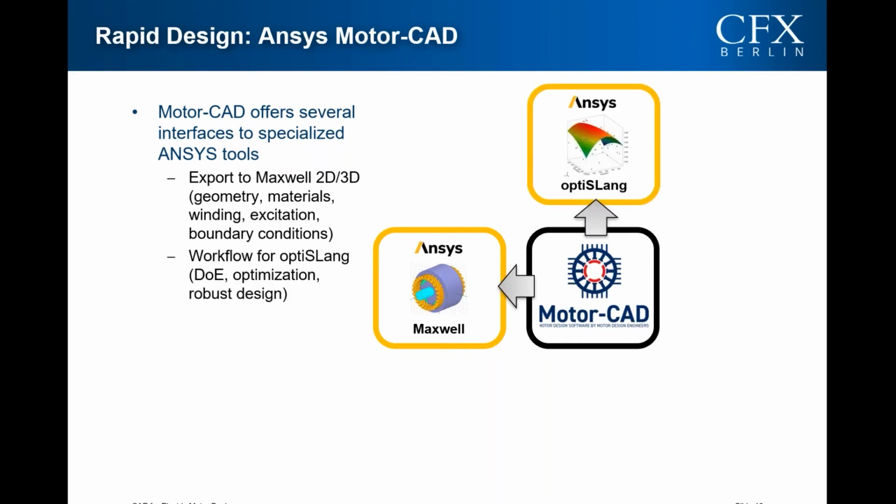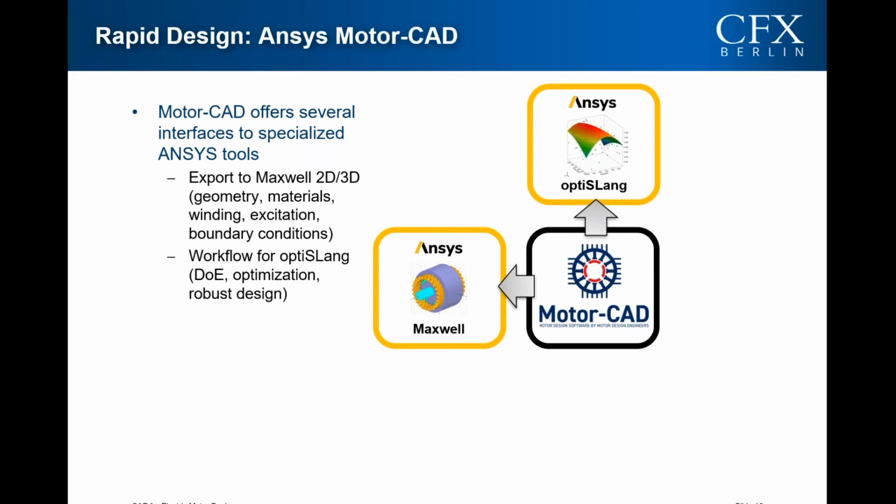There's also a workflow for OptiSlang, which is a tool for doing design of experiments and optimizations. OptiSlang takes control over the MotorCAD software and runs an analysis of the motor design's response to changes in input parameters we chose.